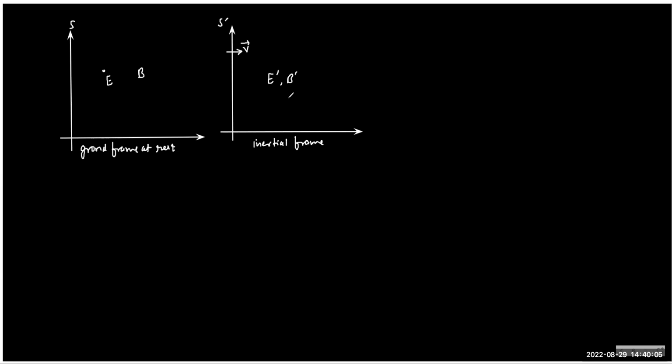So as the frame changes, the field gets transformed, and the change of value of field in a different inertial frame is given by something called the Lorentz transformation. And the Lorentz transformation is a byproduct of Einstein's theory of relativity. Yes.